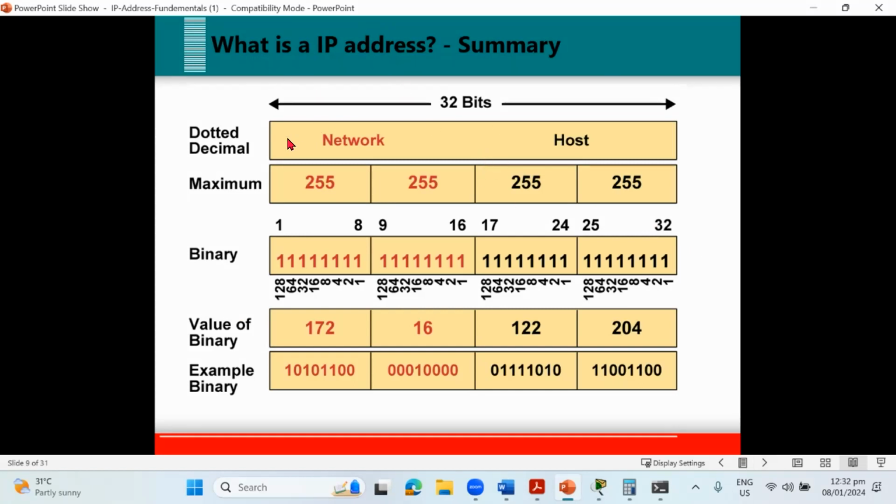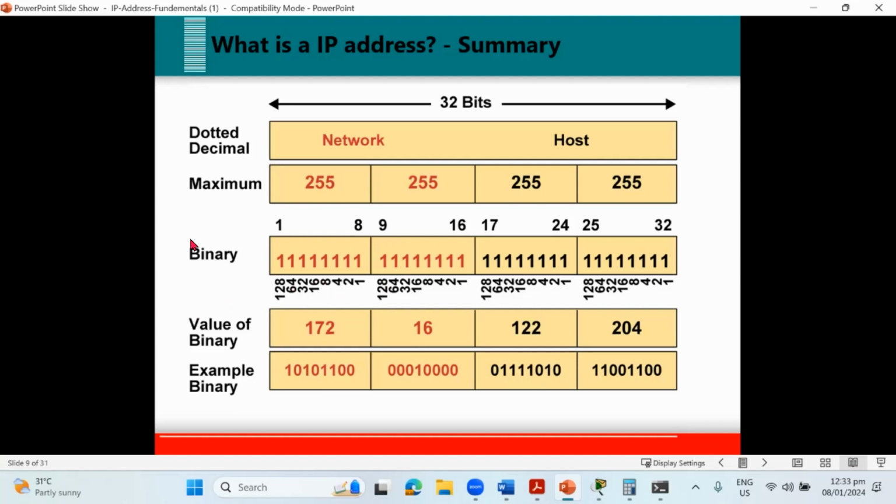So in our IP summary, it is read as the dotted decimal system, A.B.C.D. Our IP address consists of 32 bits, divided into 4 octets of 8 bits each. Because it is 8 bits, the maximum number each octet can use is 255. In binary we use powers of 2, so 255 is obtained using 1, 2, 4, 8, 16, 32, 64, and 128.